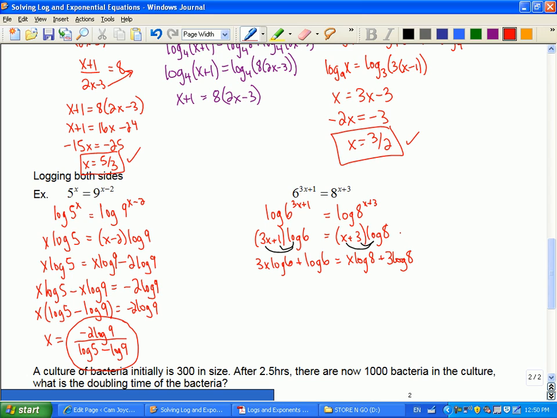And now, like every other equation, when you go to solve it, x's go to one side, constants go to the other side. And now I'll factor out x.